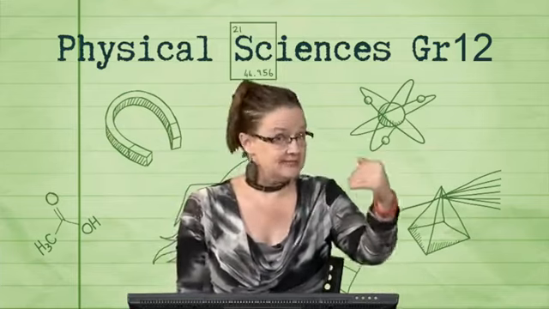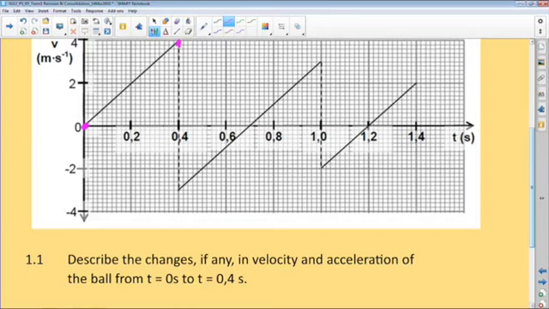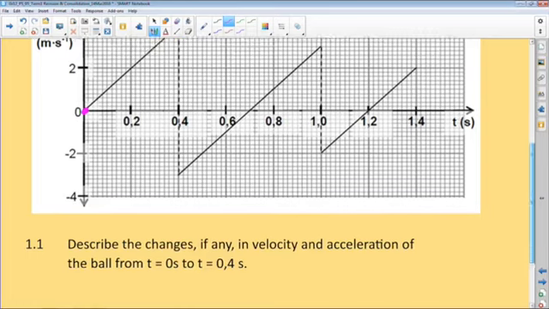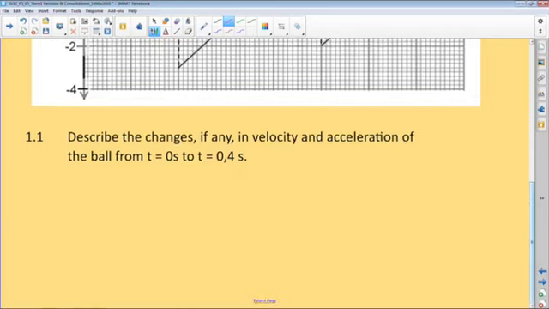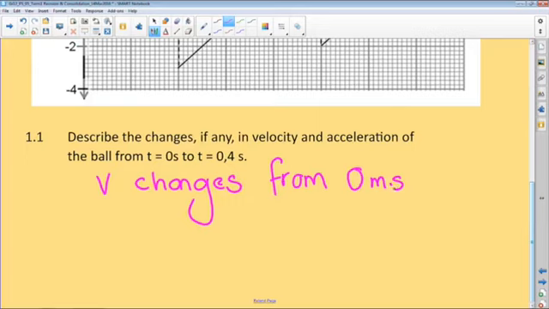Velocity is going to go from 0 to 4, down, okay? So velocity changes from 0 meters per second to 4 meters per second, and it's going down.